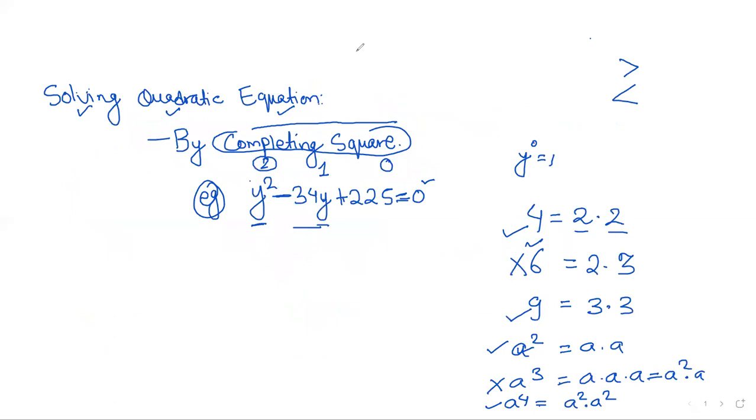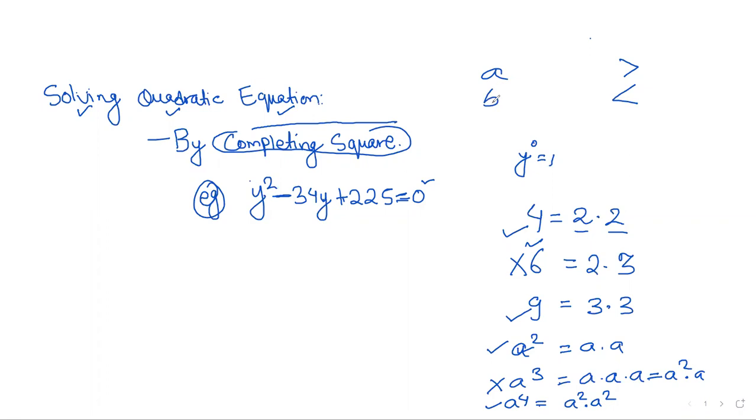So this is our trinomial. Let me erase this. All right, this is the quadratic equation we want to solve by completing the square, and our first target is to find a and then b.